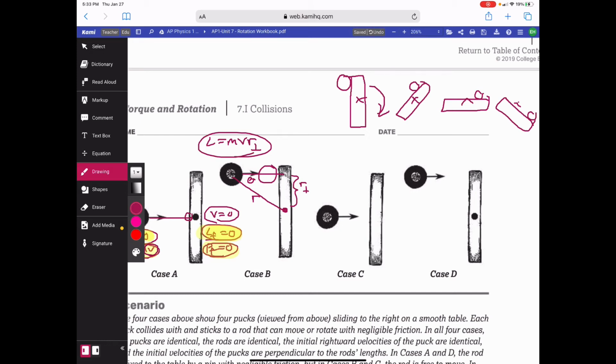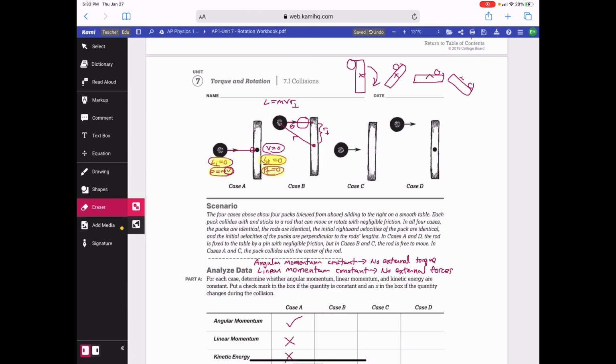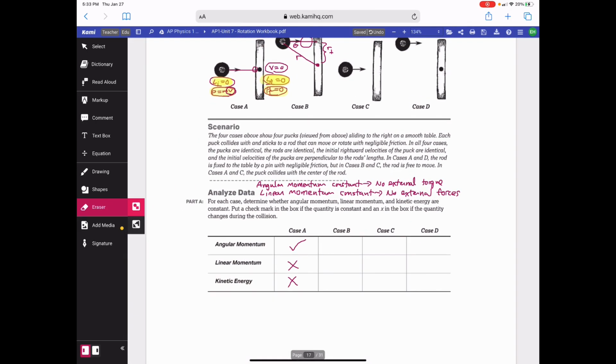Now, in the case of the collision, there are no net forces. Puck acts on bar, bar acts on the puck. So puck on bar, bar on puck. There are no external forces acting on it either. Therefore, we can say case B is conserving angular momentum.